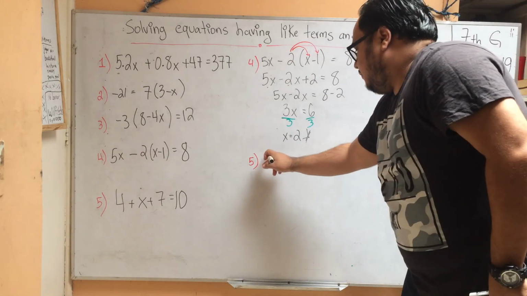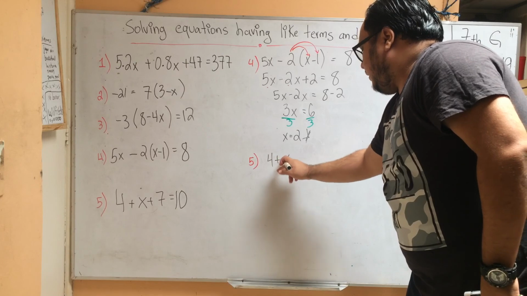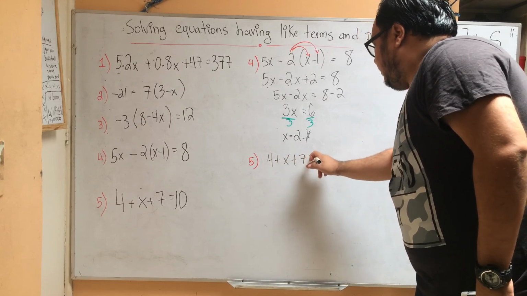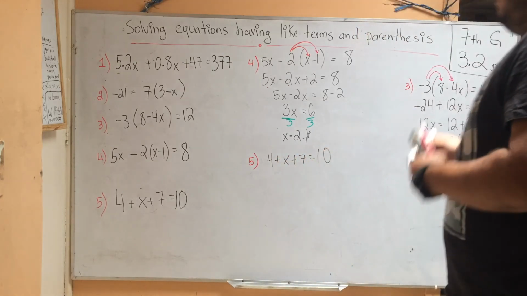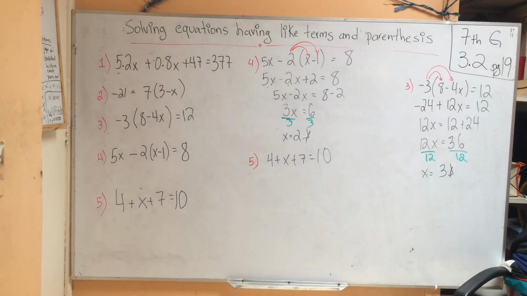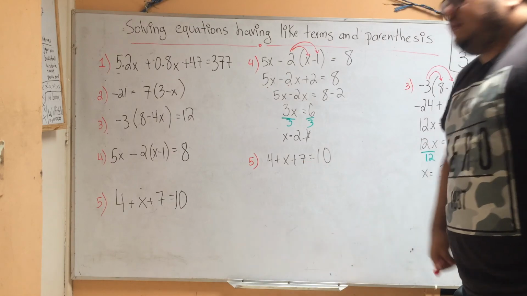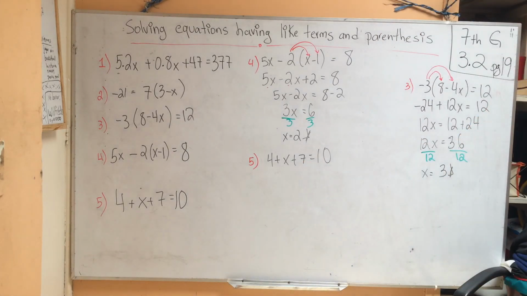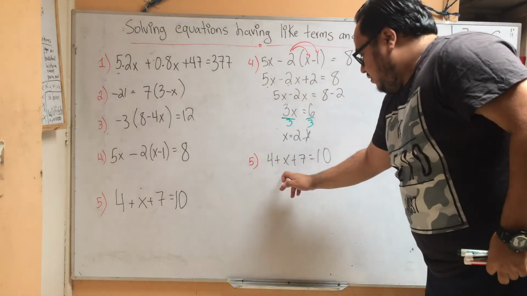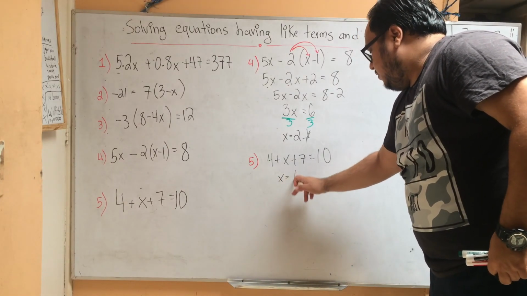Number 5 says 4 plus x plus 7 equals 10. If you notice, what numbers are similar? 4, 7, and 10. So we're going to group them so that we can solve for x. We have x on this side, and I'm going to move the numbers to the other side.